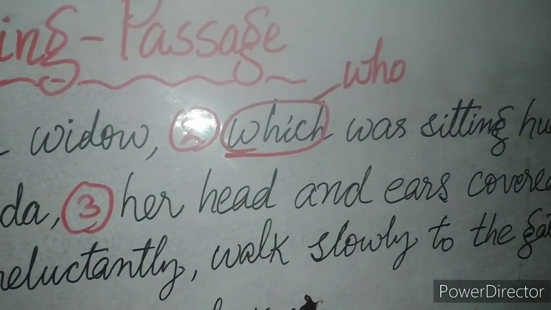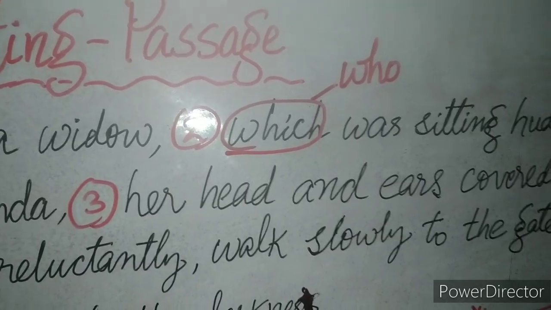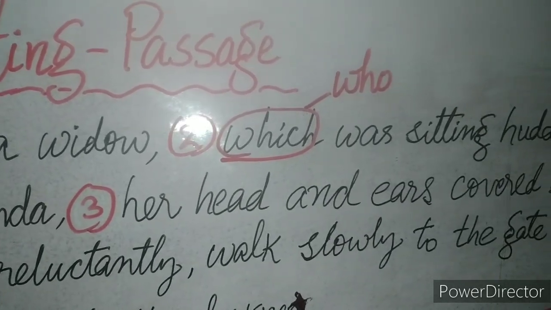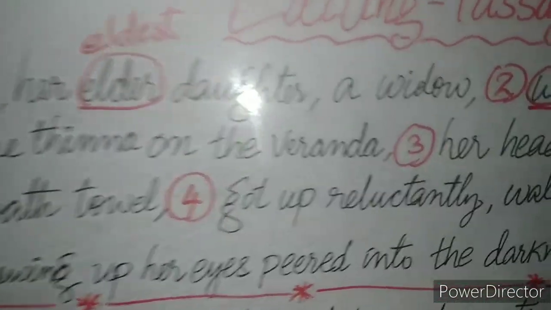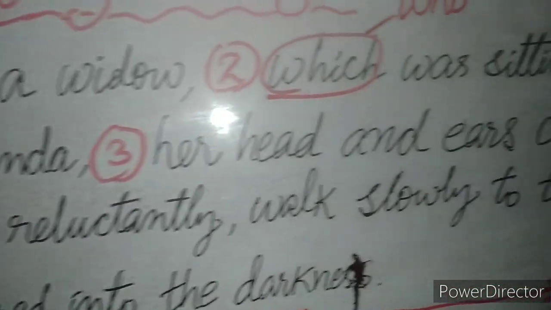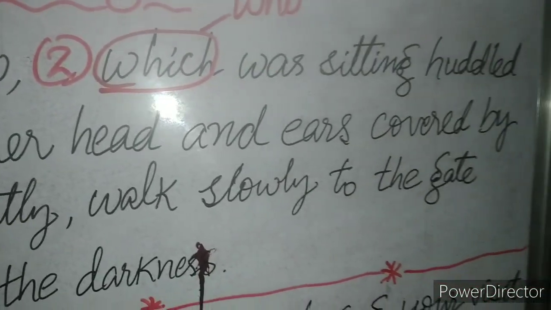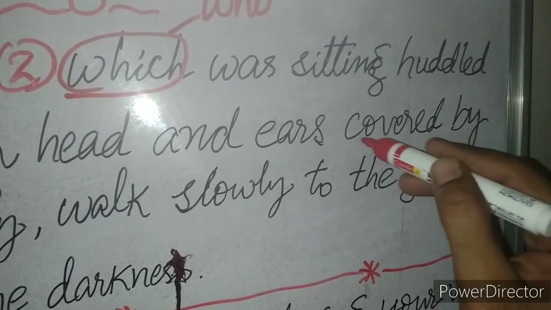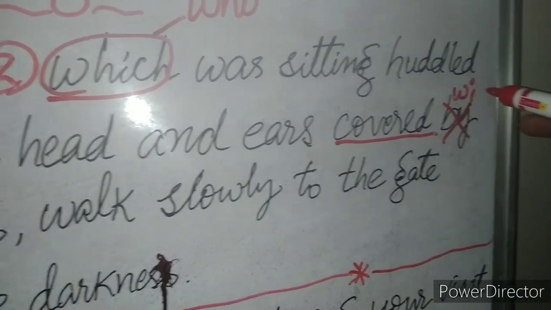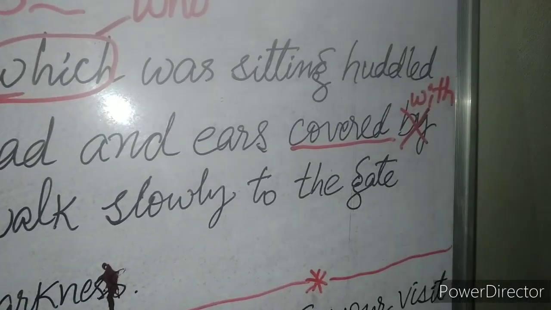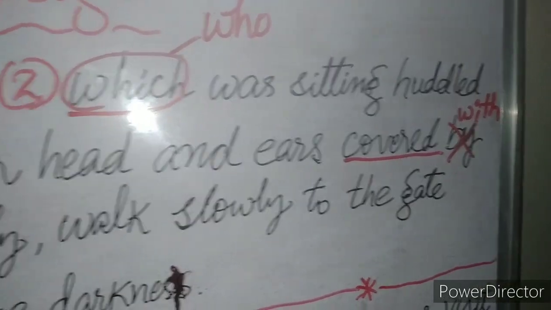Who is used to refer to persons, okay, not objects. So the answer is who was sitting huddled up on the thinna. Now the third one, her head and ears covered by. Remember, if there is covered, we have to write covered with, not by, okay, covered with.